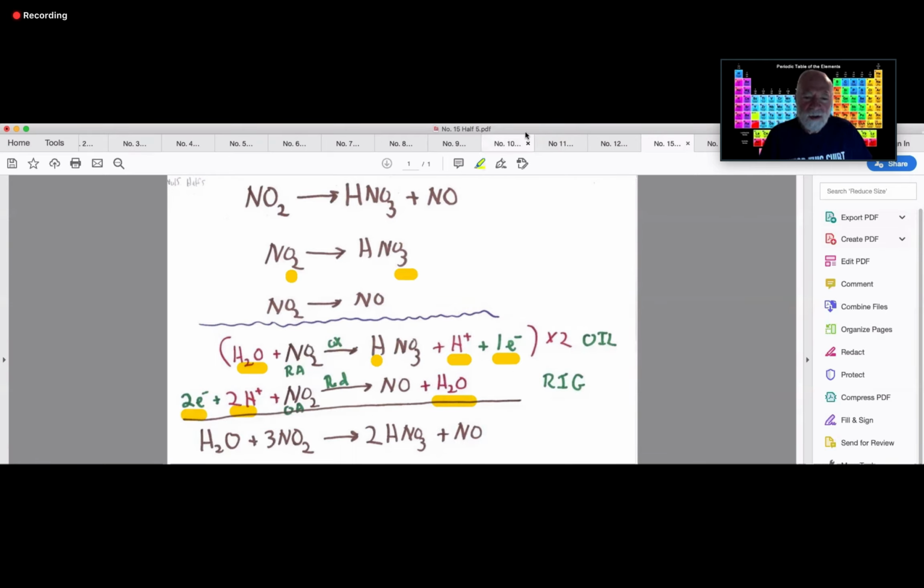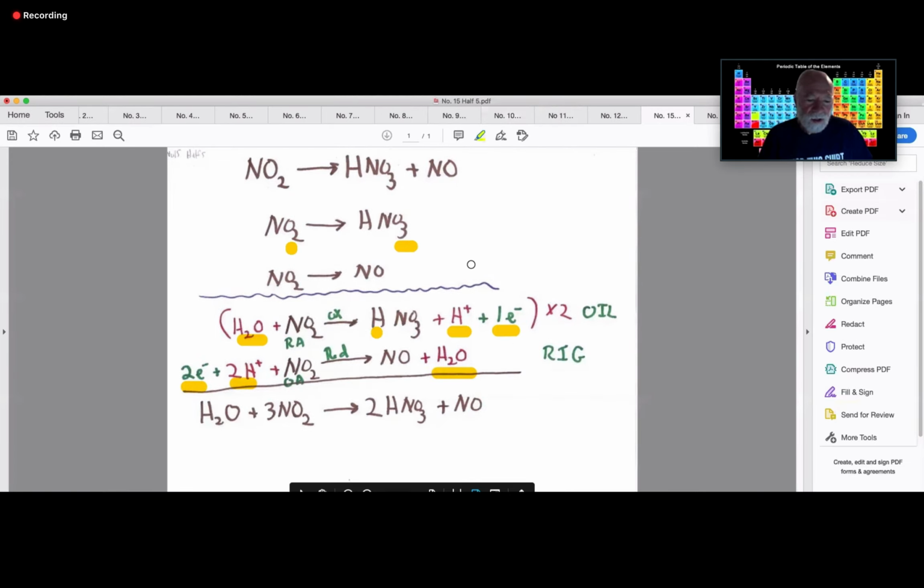Okay, and now let's see the results of doing that. So we're going to have 2 waters on the left minus the 1 water on the right, so we have a net of 1 water on the left-hand side. And how about NO3s? Well, we have 2 here because we doubled it, plus 1 more, we have a total of 3.